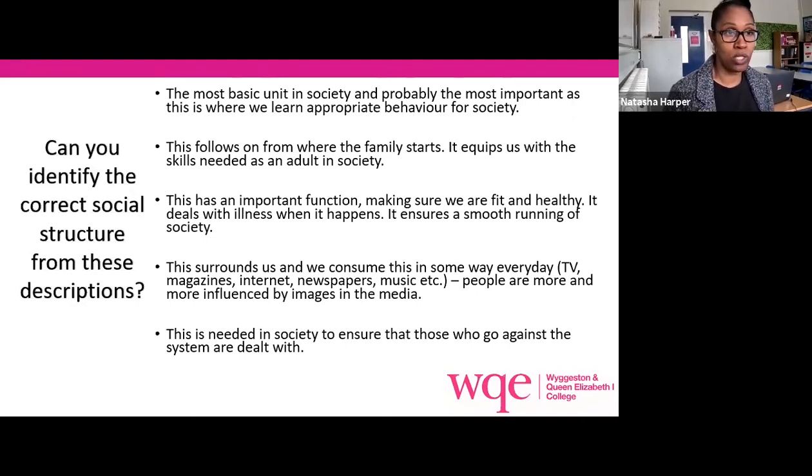So what I'd like you to do then is to try and come up with some ideas in the Q&A, which institution or which organization largely is responsible for any of these particular functions. So just some descriptions here. So just type in for me, please, any one of these that you think relates to a specific institution or social structure.